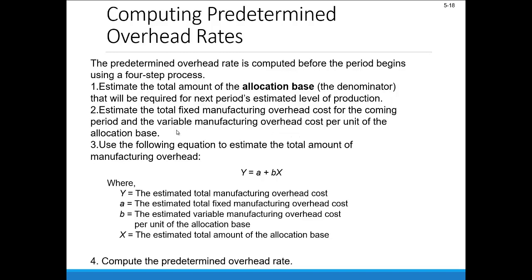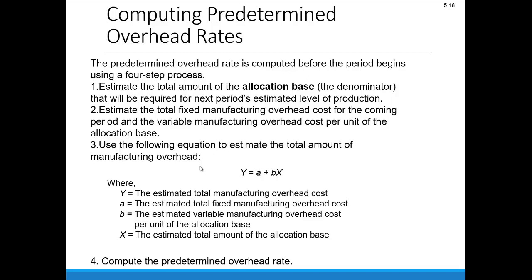So for anything that's fluctuating with activity, maybe utilities has a variable piece, right? Maybe some maintenance charges have variable pieces, something like that. We want to decide, again, what's that variable cost per unit of the allocation base? So in my earlier example, per labor hour, or per machine hour if we're using machine hours, or whatever.